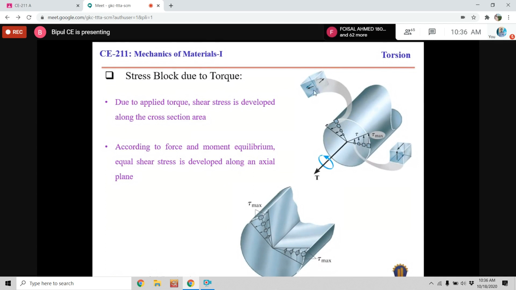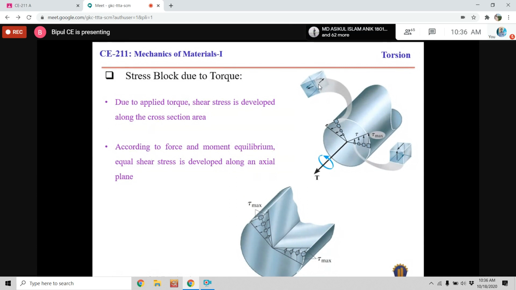Otherwise, due to this shear stress, this block would spin. If the block were subjected to only this shear stress, it would try to spin. But according to equilibrium, the block will not spin.